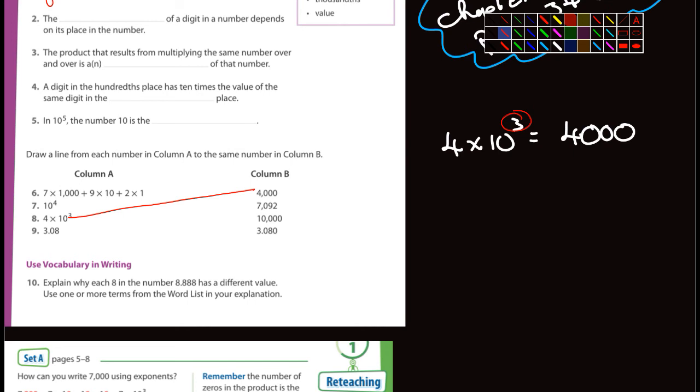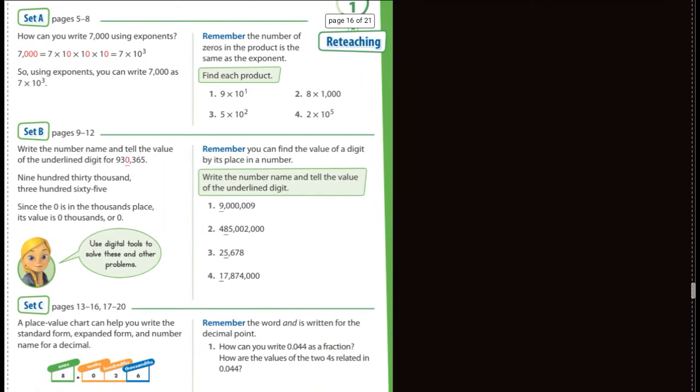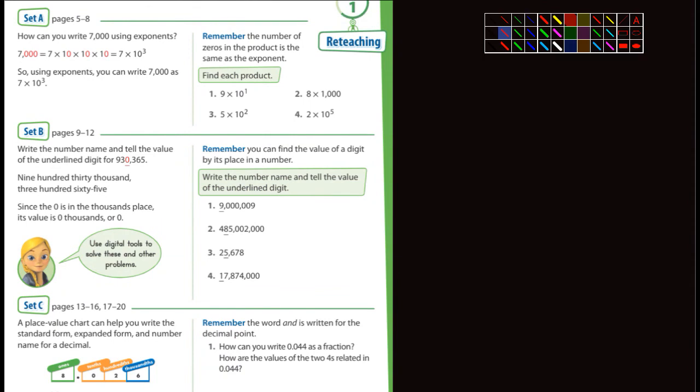Next page. So they usually have 2 or 3 of these reteaching pages, and I like them because what's nice is that they show you what pages you can find other examples. So on this side here, that you're doing set A, set B, set C, they kind of give you an example.